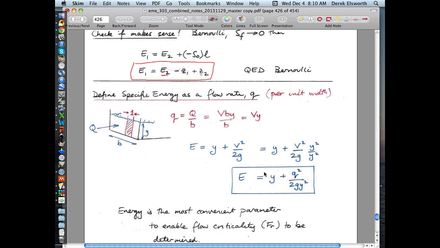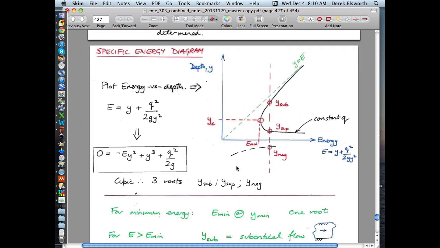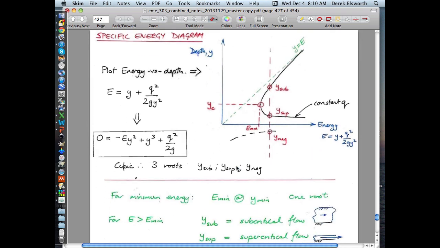And so what we could do is look at this specific energy term and realize that we could write it not as a quadratic with a y to the minus 2 term and a y term, but as a cubic, where you have a cubic term, a quadratic term, and a constant.